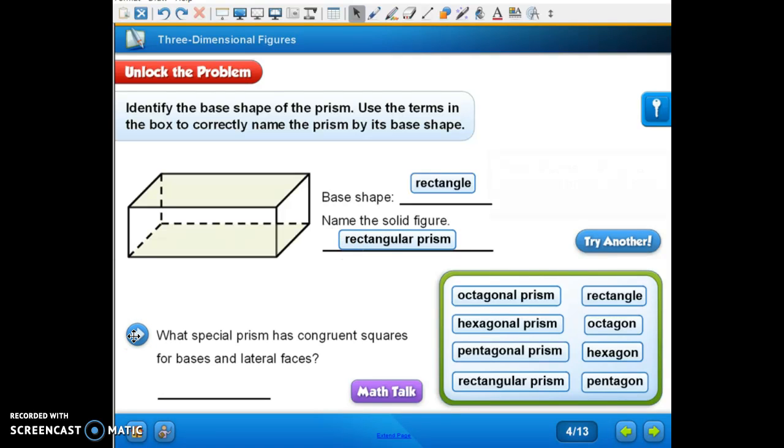What special prism has congruent squares for bases and lateral faces?